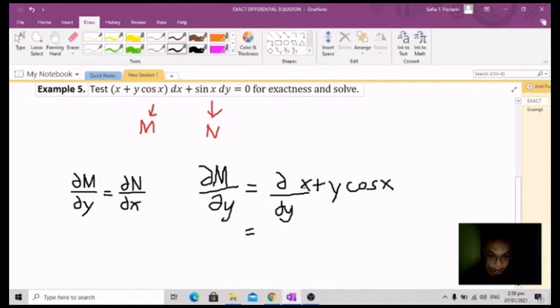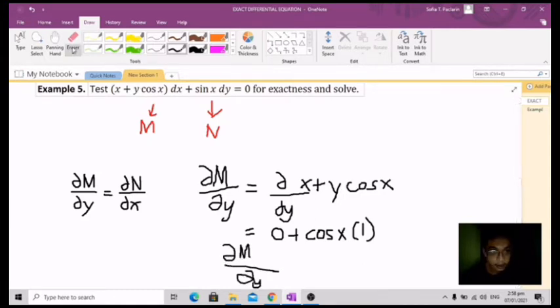Derivative of x, derivative of constant is 0, plus y cosine x with respect to dy. Cosine x here is constant. So it will become cosine x, derivative of y is 1. So partial derivative of m with respect to dy is equals to cosine x.